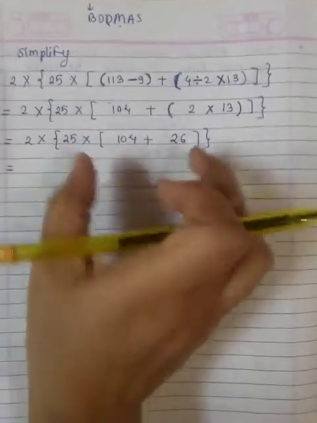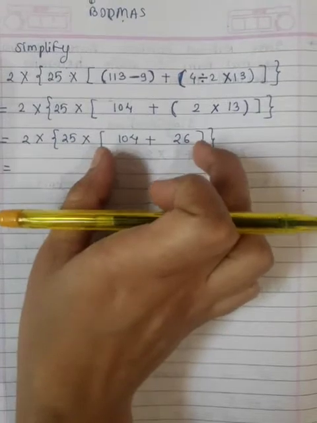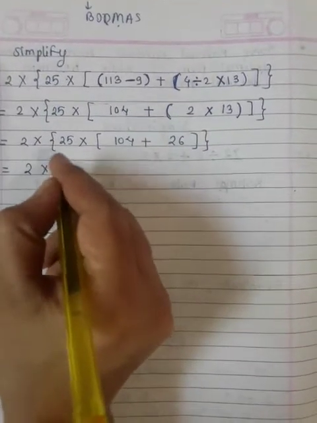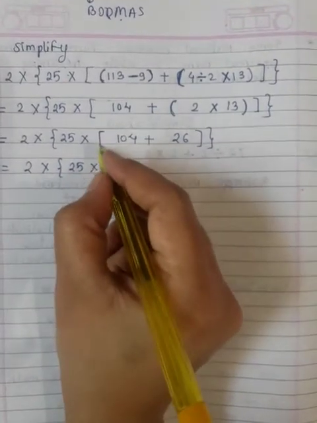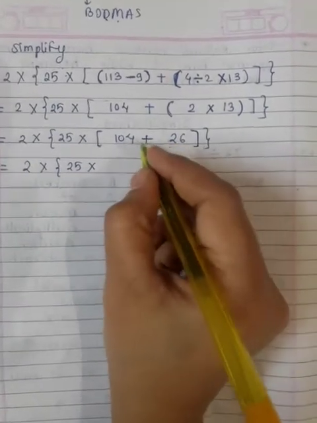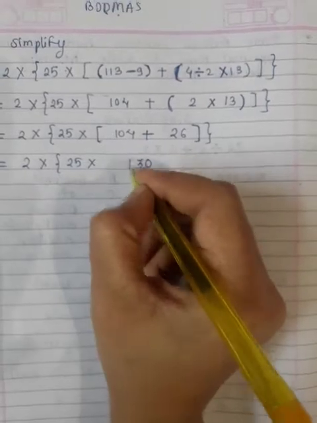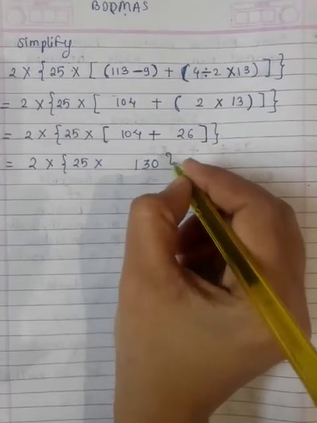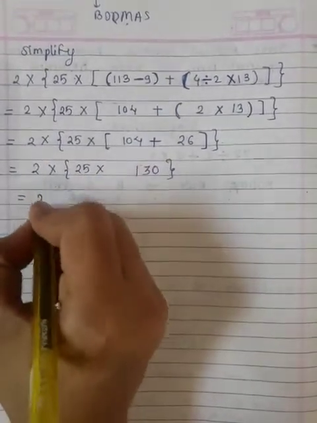Okay, so see, this is outside and this is inside, so first innermost bracket. Okay, so write remaining term as it is. 2 multiply curly bracket 25 multiply, now in this square bracket there is addition, so 104 plus 26 we get 130. Okay, now remove that square bracket and there remains curly bracket. Now again solve this curly bracket, write remaining term as it is.